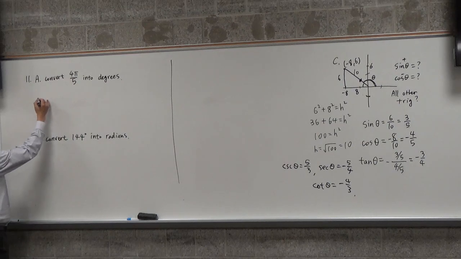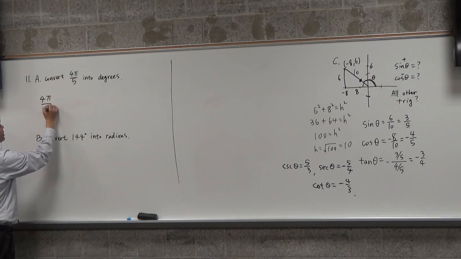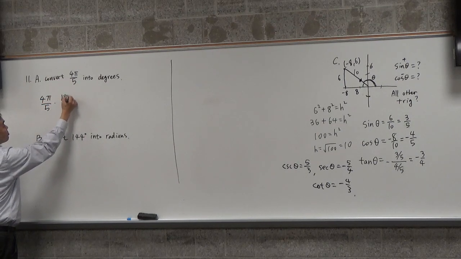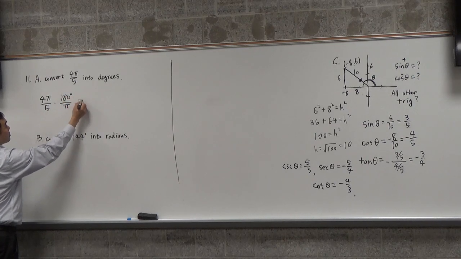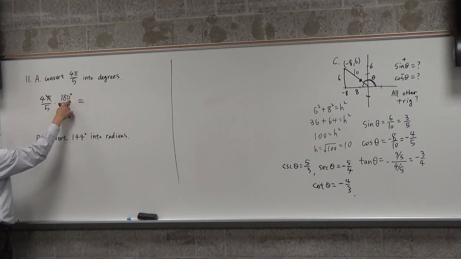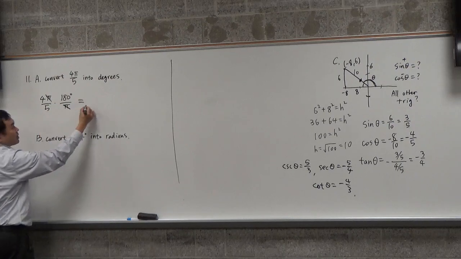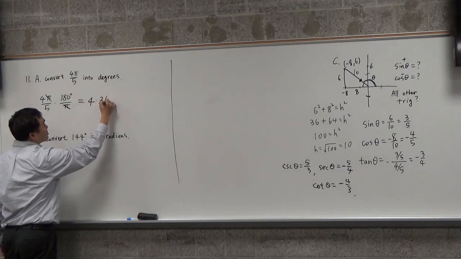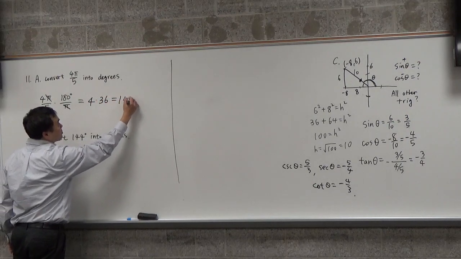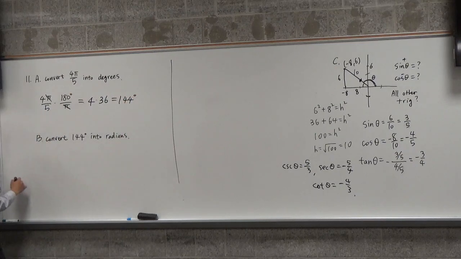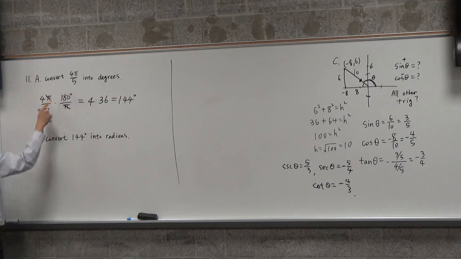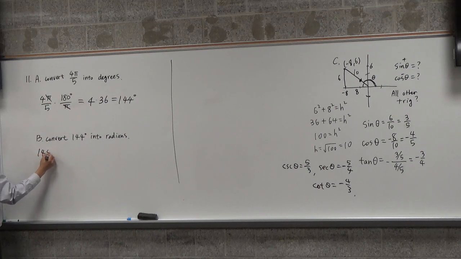How do you convert radians to degrees? You multiply by 180 over pi. So pi cancels, 180 divided by 5 is 36, and this gives you 144 degrees. On the other hand, I already know the answer, but let's do the calculation anyway. How do you convert degrees to radians?